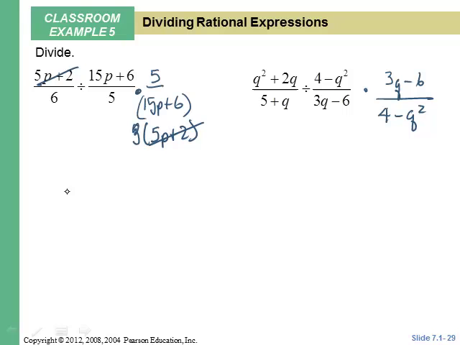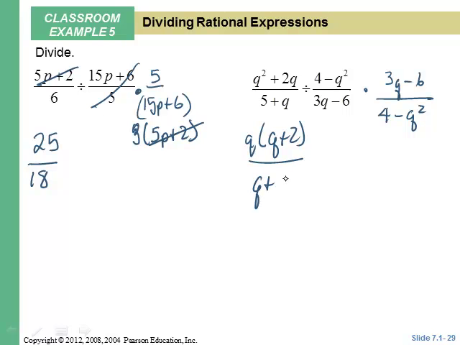And it looks like we have 25 over 18. Yep, 25 over 18. This one, we can factor q parentheses q plus 2 over, I'm going to rewrite this as q plus 5, get them in the right order.